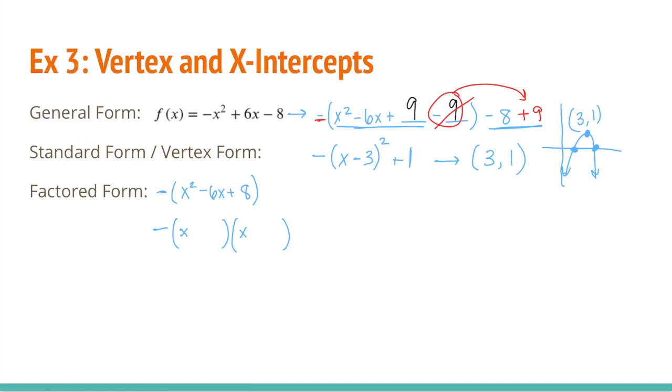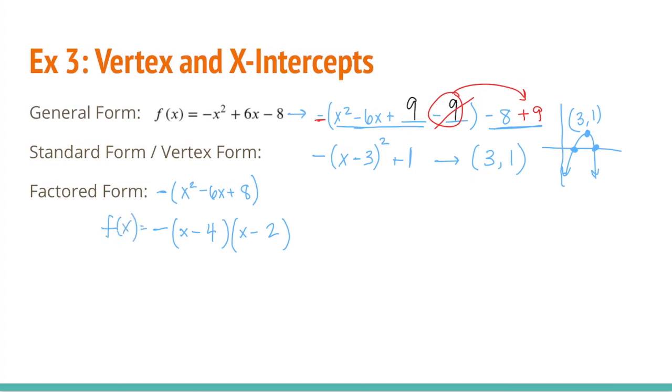Okay, and now I need to think of 2 numbers that multiply to 8, but add to negative 6. If you use another factoring method like the magic square or whatever, go ahead and do that. But I can already see that negative 4 and negative 2 multiply to 8, but add to negative 6. So this is already my factored form of the equation.